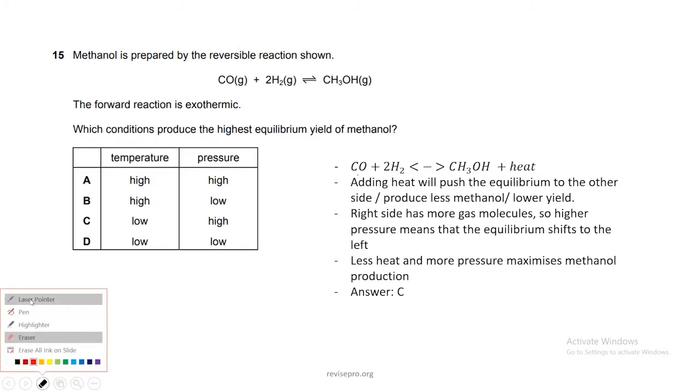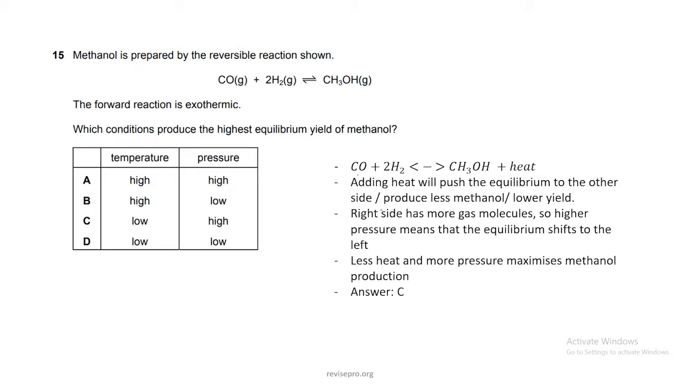Adding heat over here would push the equilibrium to the other side, as this side would have a greater concentration. So less methanol would be produced if more heat was available.